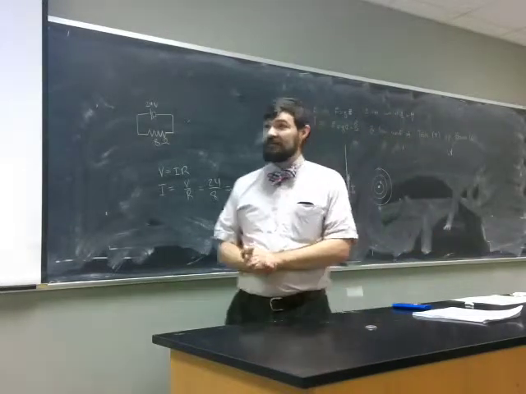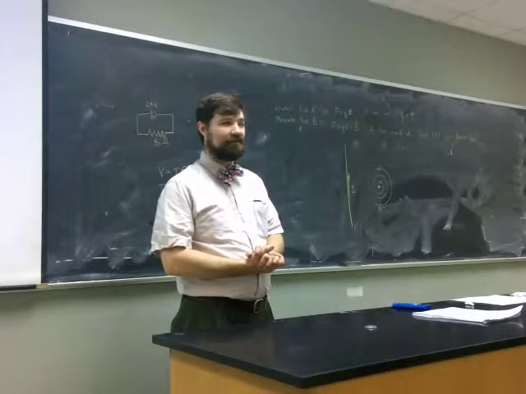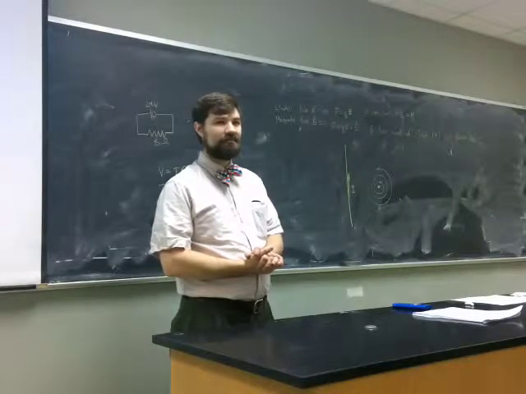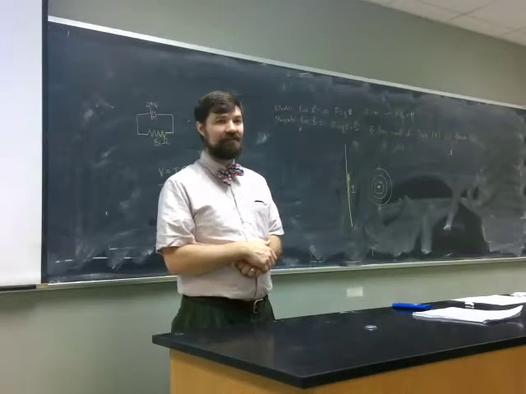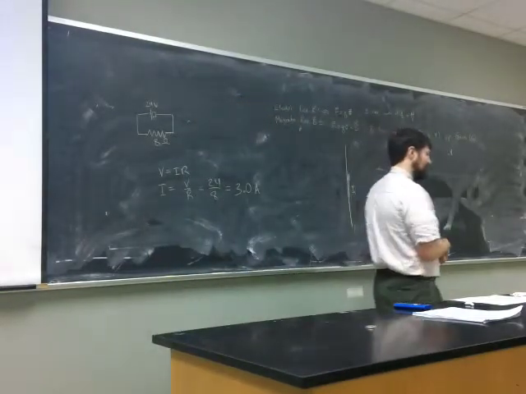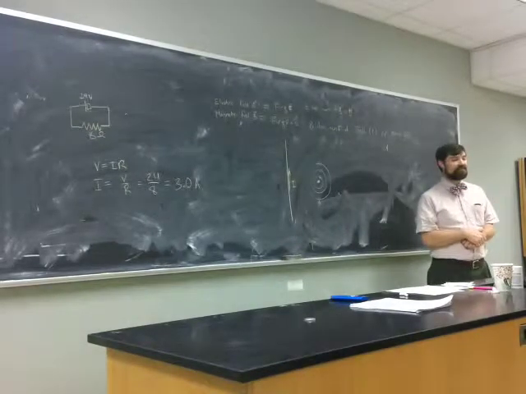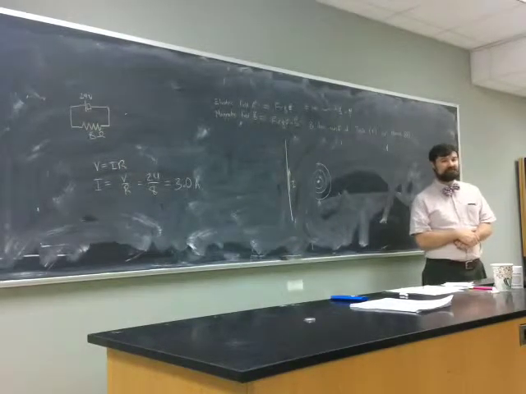With that said, Gauss is actually a nice, useful unit because the Earth's magnetic field is about a half a Gauss. In Tesla, that means 5 times 10 to the minus 5 Tesla. So it's a very small number.